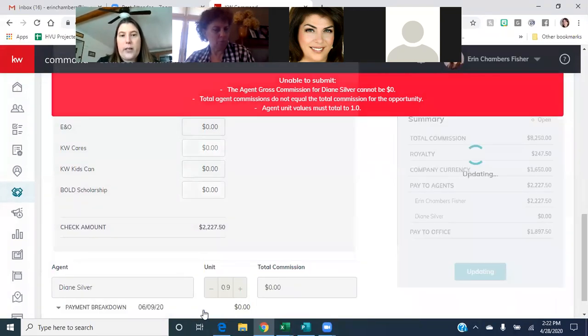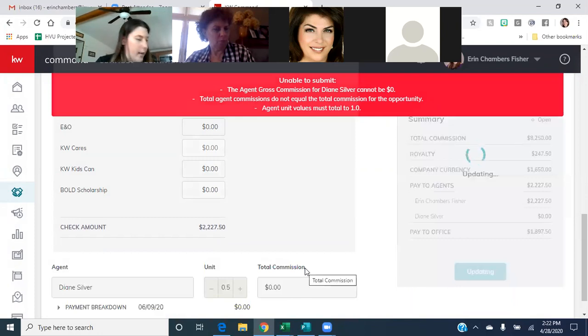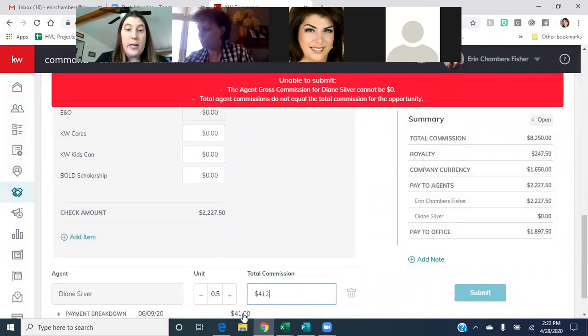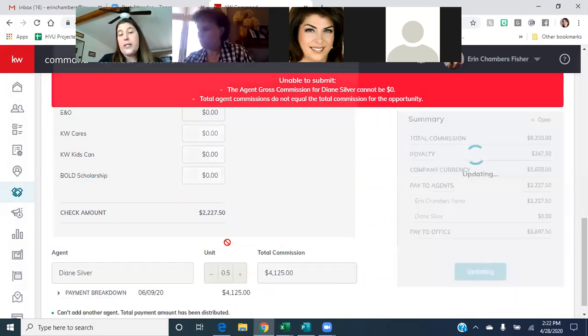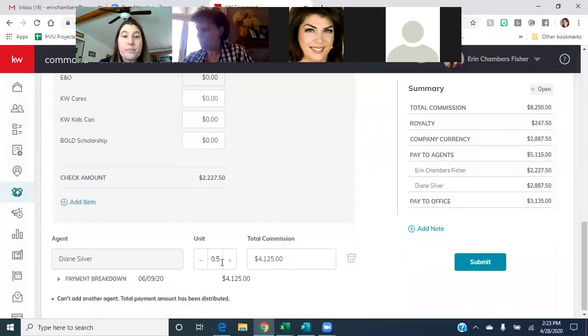And the same thing, you'll calculate that commission for that second person. You can put in as many people as you want as long as these units equal a 1. So no matter how many people are on your transaction, that total unit at the end of the day has to equal a 1. Gotcha. You'll be able to change these units, and that's how you're able to add people.